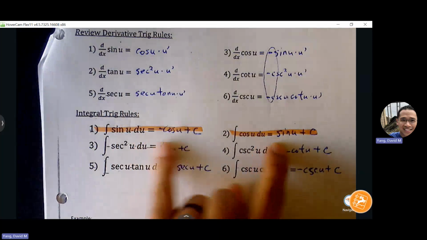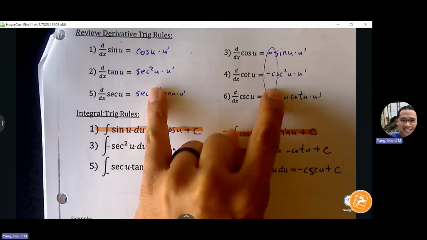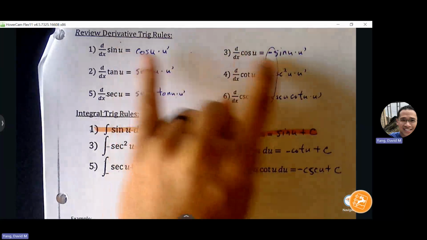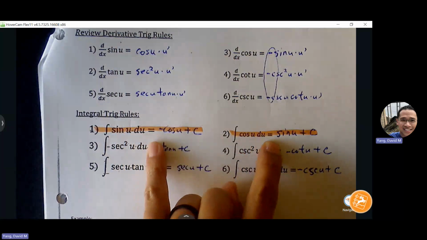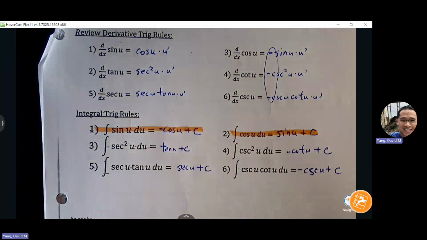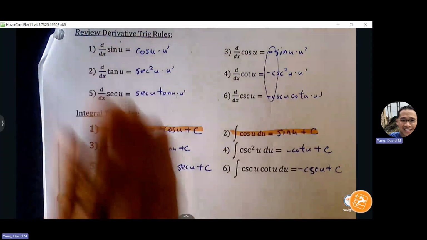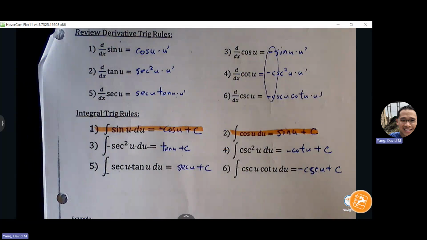So just be aware of these two, but if you have these rules out in front of you, then hopefully you can convince yourself of the correct sign. These are the ones that are easy to mess up. But it's not hard. We're just understanding that we're undoing the derivative rules to get to the antiderivatives. Okay. All right, so let's just practice these rules here.